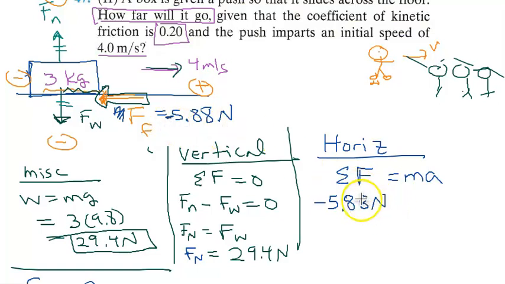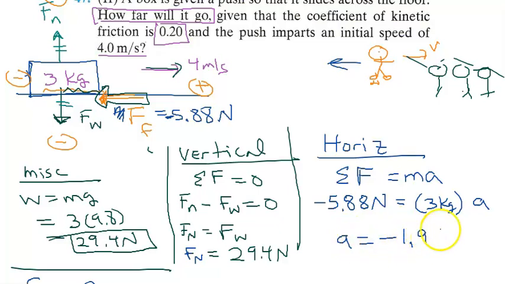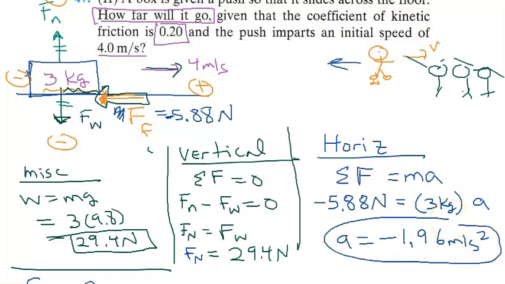You've got negative 5.88 newtons of nooks and crannies pushing you back. All your friends giving you a high five is pushing you to the left. The box had a mass of 3 kilograms, and we're looking for the acceleration. So the acceleration is negative 1.96 meters per second squared. That is how quickly it is slowing down.